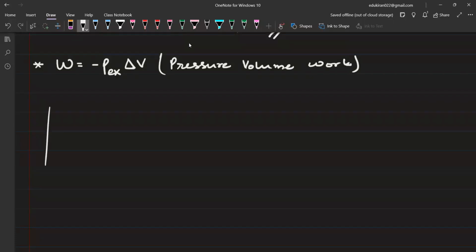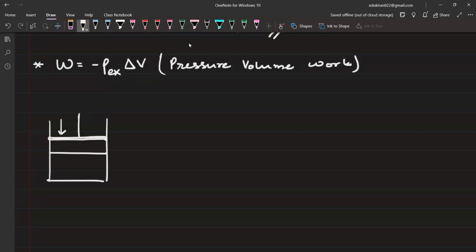For example, if you have a container like this, ठीक है, इस तरह से आपके पास एक कंटेनर है, and then in this container let us suppose we have a movable piston, and then in this piston we are applying some pressure, and this piston is moving till here.